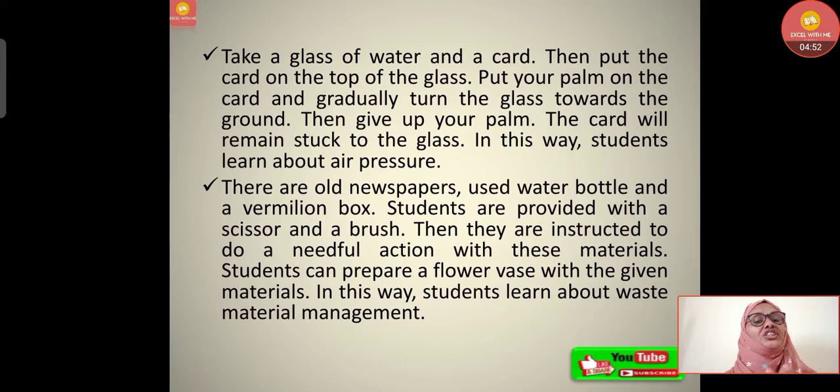Then they are instructed to do the needful action with these materials. Students can prepare a flower vase, or with the given materials, students learn about management of waste material. So these are the activities in this stage where students are given the chance to do by themselves independently, creating an environment for them to learn purposefully.